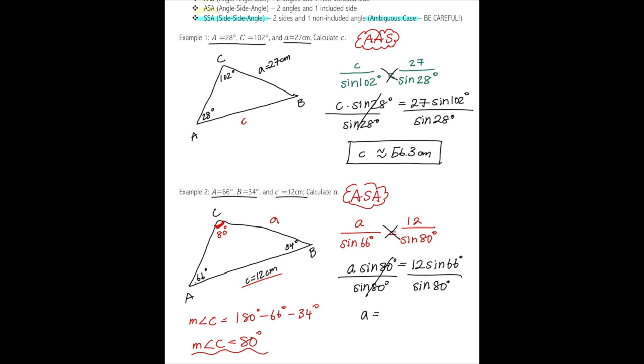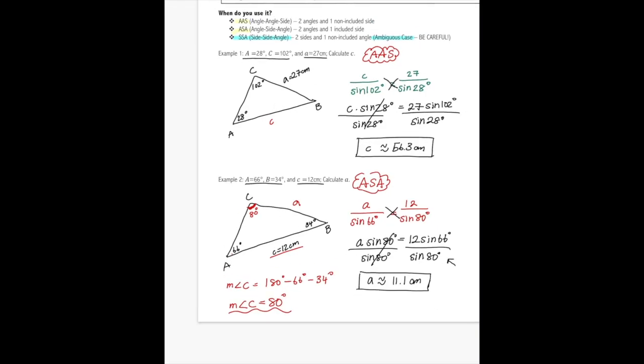So a is equal to 12 times sine of 66 degrees all over sine of 80 degrees. That will be a non-calculator answer, but if you put it in the calculator, this will approximately be 11.1 centimeters. And that's the measure of the missing side a.